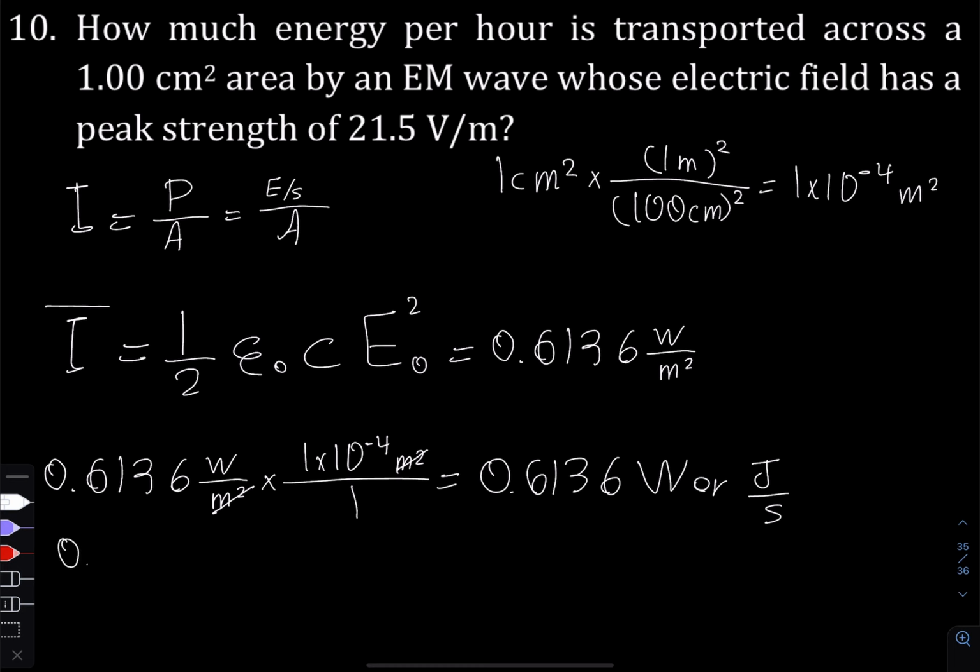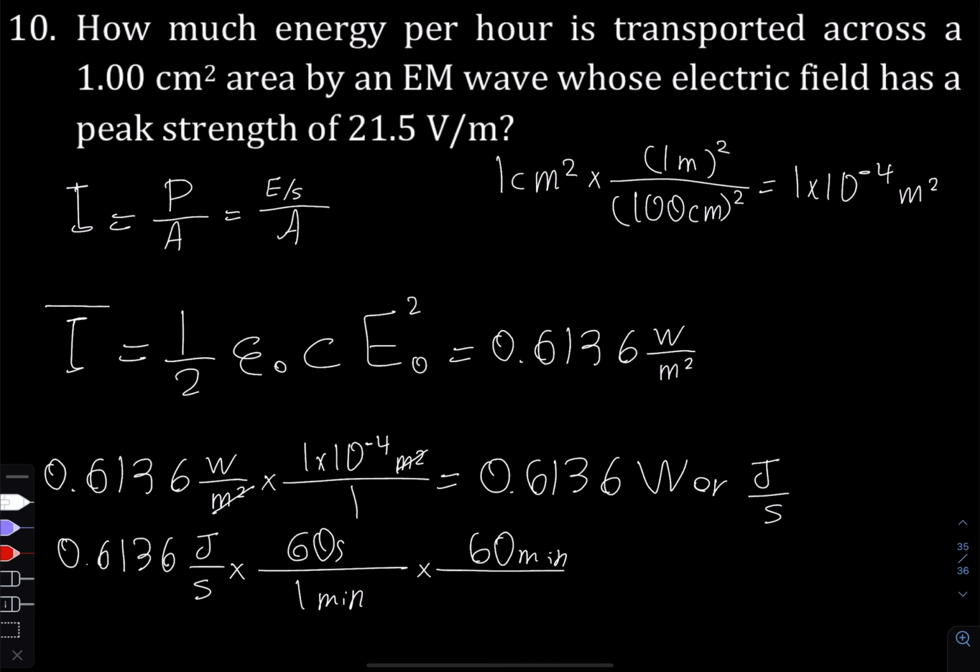So 0.6136 joules per second. We can turn this into hours. We know that 60 seconds is a minute, and we know that 60 minutes is an hour. So minutes cancel out, seconds cancel out. We get joules per hour, which is energy per hour, what we want.